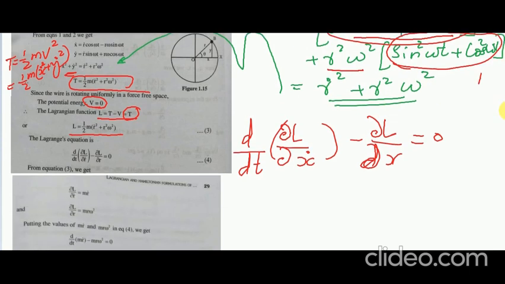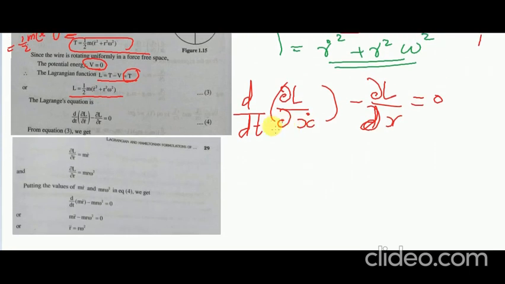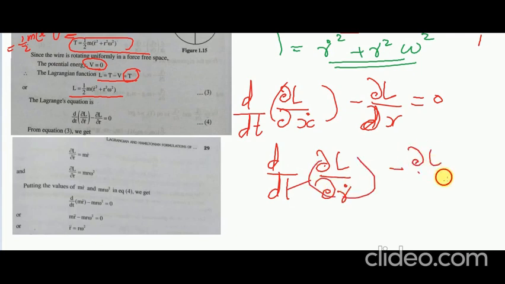First of all we have to find what x actually is, the position coordinate. In this case it will be r. So the Lagrange equation is d by dt of dou L by dou r dot minus dou L by dou r equal to 0.